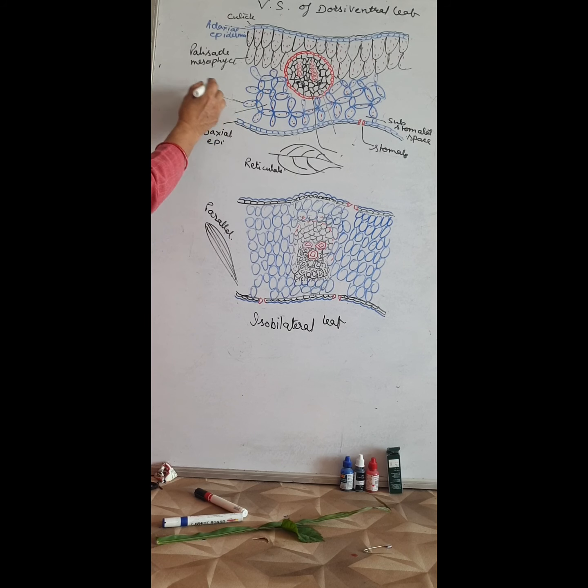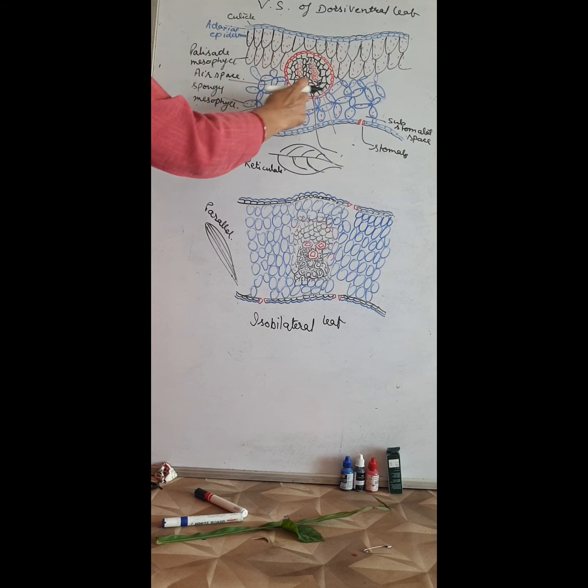On the lower side is the spongy mesophyll, which is loosely arranged and round in shape and extends up to the lower epidermis. They have numerous air spaces, or air cavities, present between them.